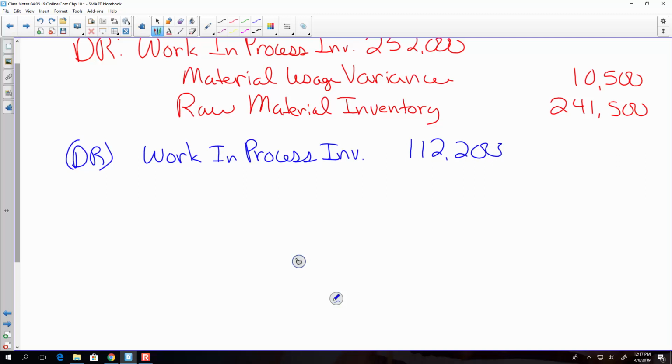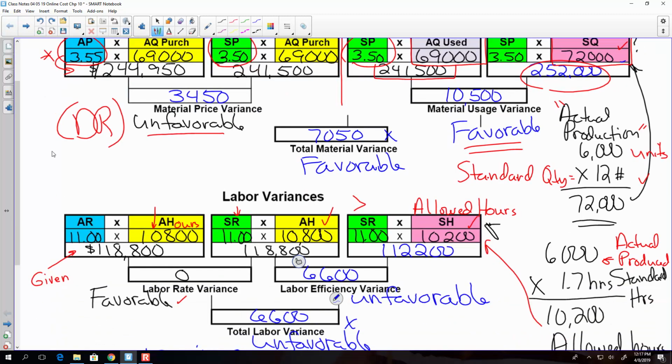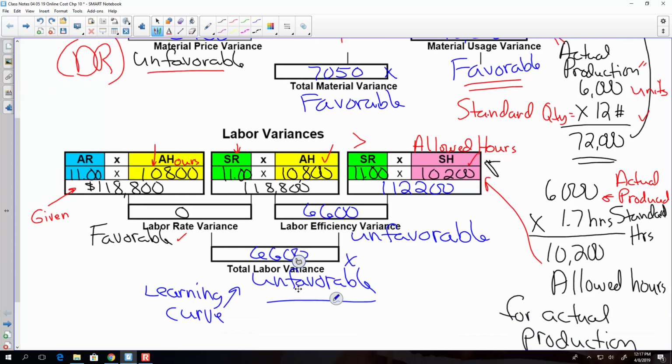I'm also, at the same time as I'm recording my payroll entry, I'm going to record my variances. Well, I'm only going to have one because my rate variances were perfect. There wasn't any. And here, since my efficiency variance is unfavorable, I'm going to be debiting that account for 6,600.